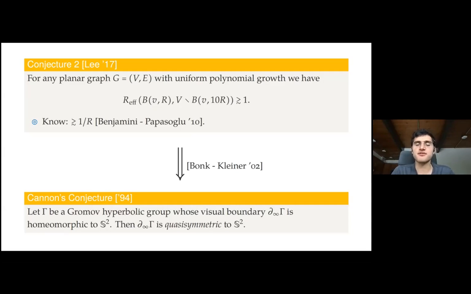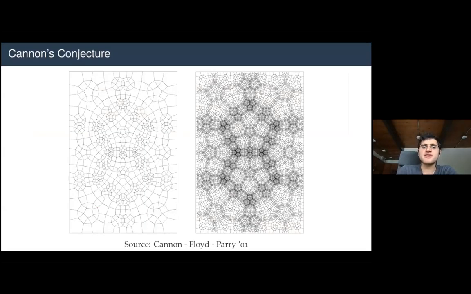And this is through a work of Bonk and Kleiner. The way that you obtain these planar graphs, to put it in some other way, their objects of study are these finite subdivision rules.